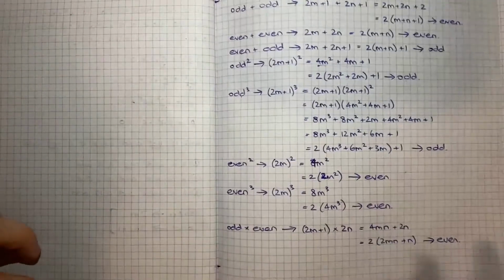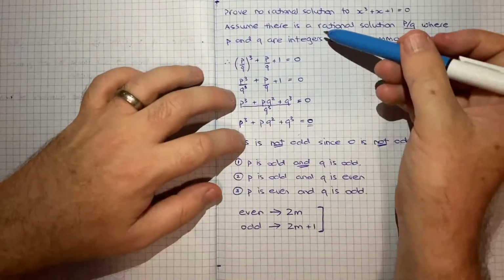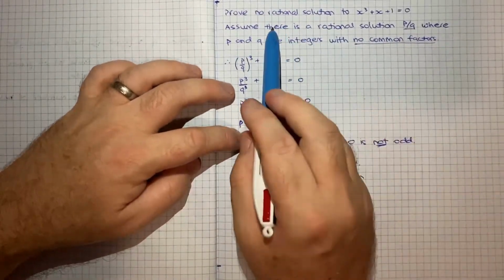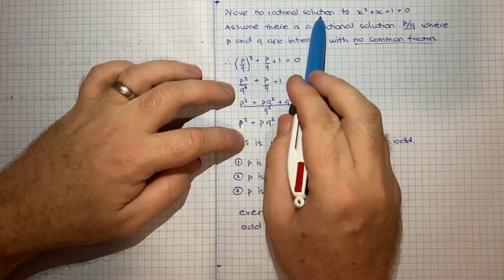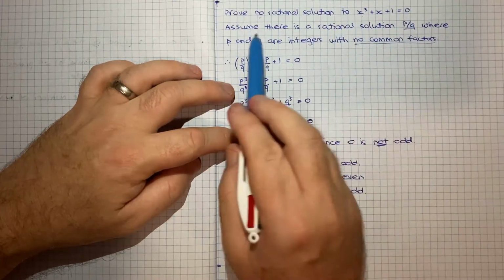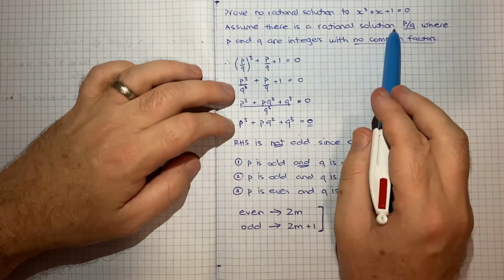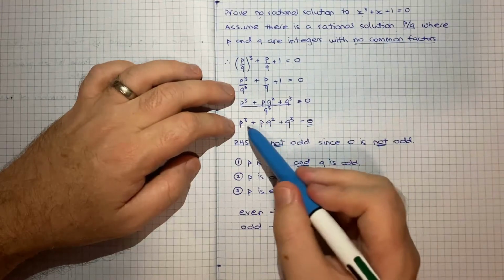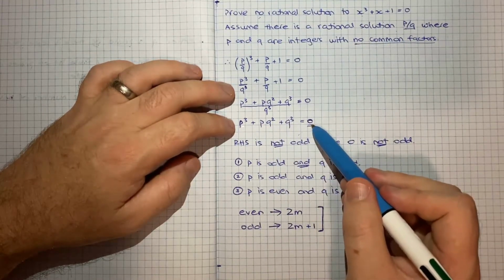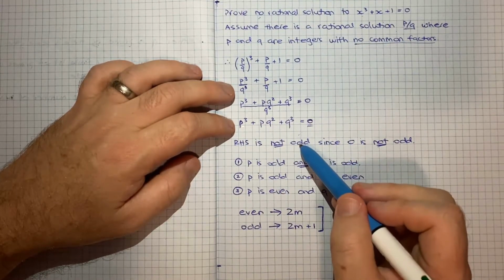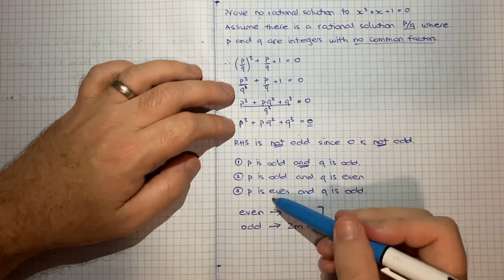So coming back to the core of our proof, we've been asked to prove there's no rational solution to this equation. We've assumed there is a rational solution, and in doing so we get to a result where we've got a contradiction because our right hand side is not odd, yet our left hand side is odd.